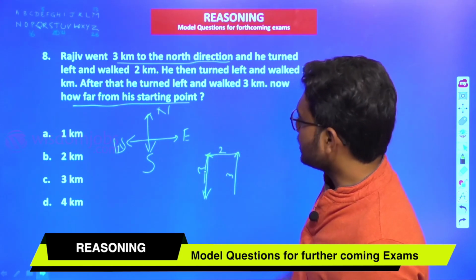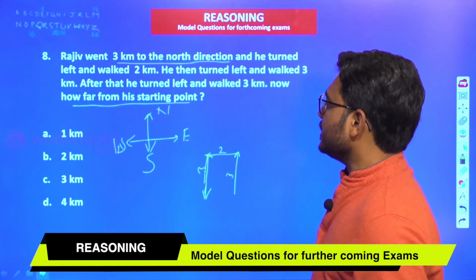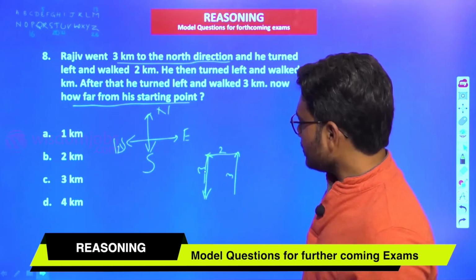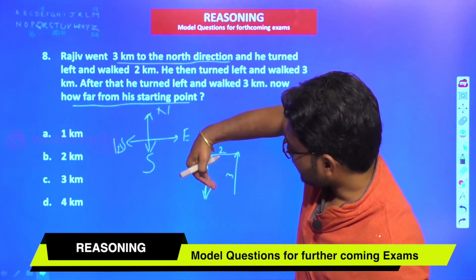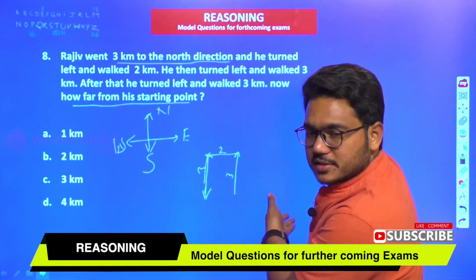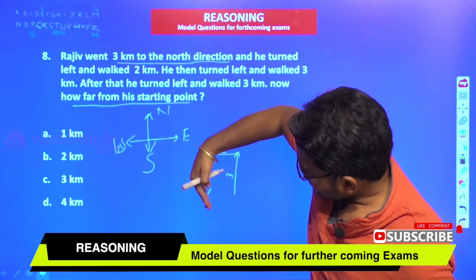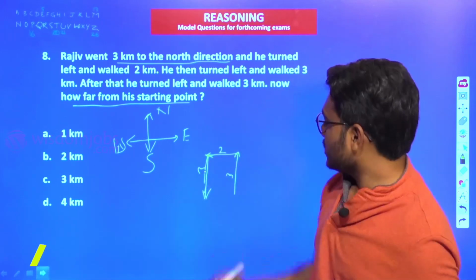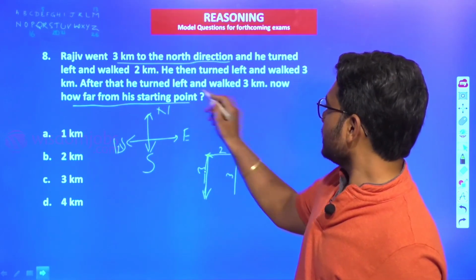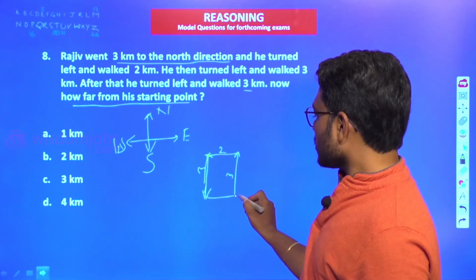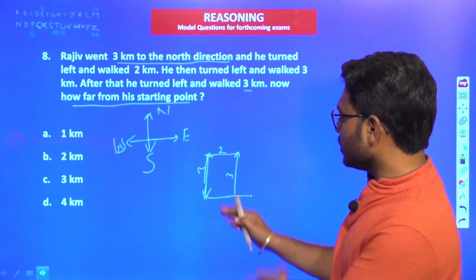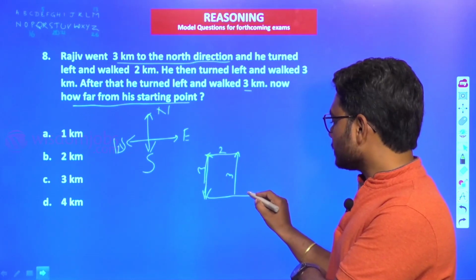Then after that he turned left, again facing in this direction. Now again he turned left, in the sense this direction, so he is coming in this way, and moved 3 kilometers. Try to observe here, the 3 kilometers could be going beyond this starting point.